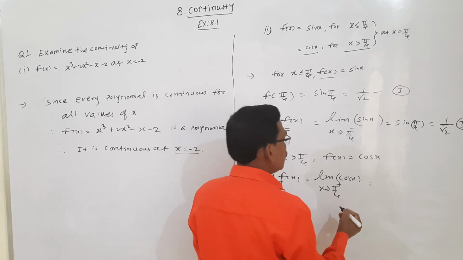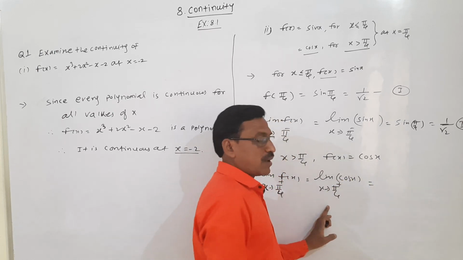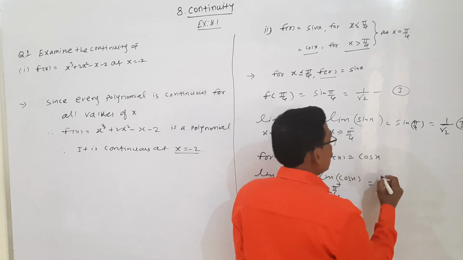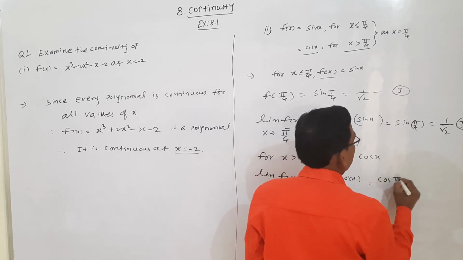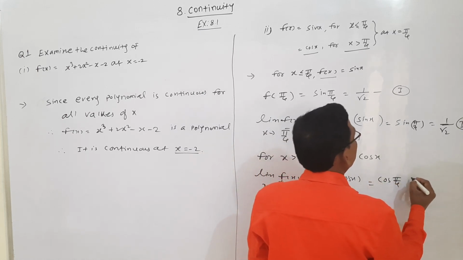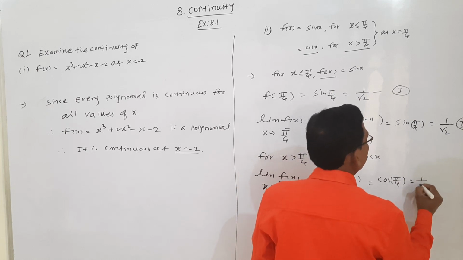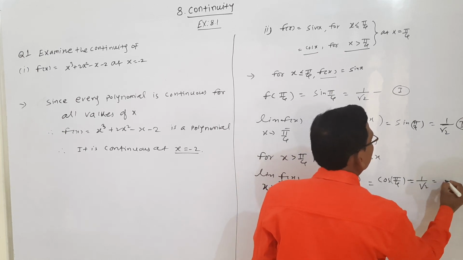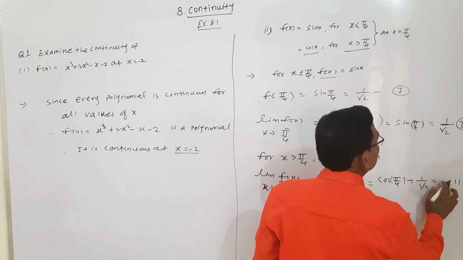Applying the limit as x tends to pi by 4, it is cos pi by 4, and we know that cos pi by 4 is again 1 by root 2. Call this equation number 3.